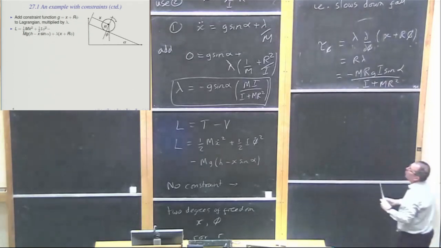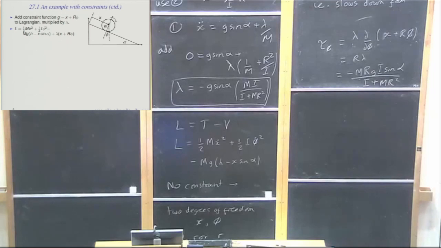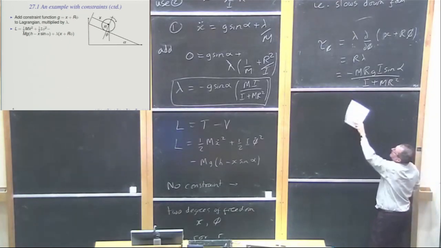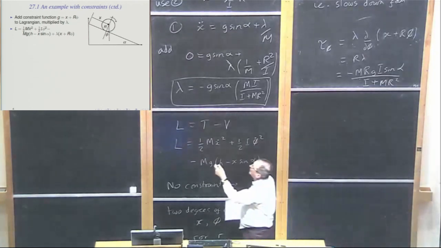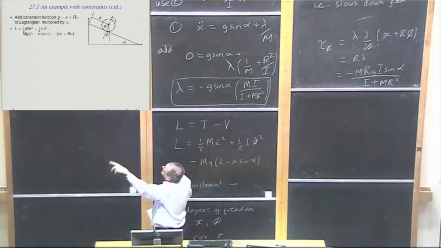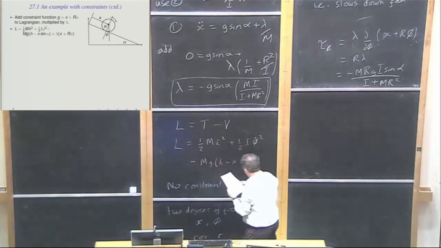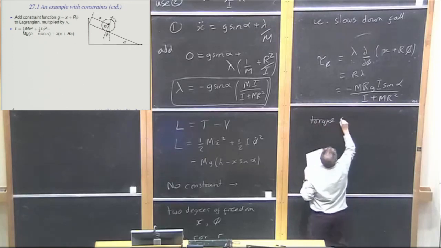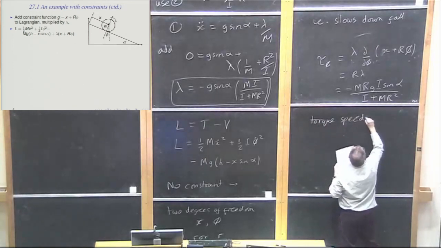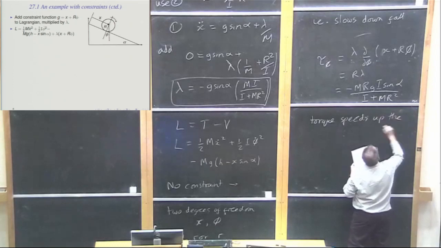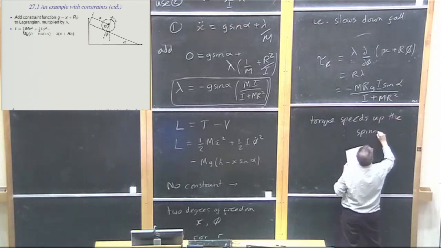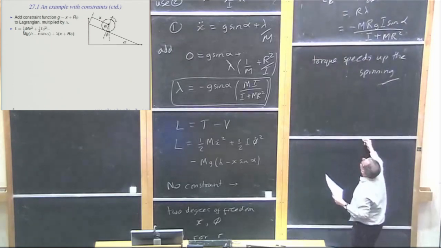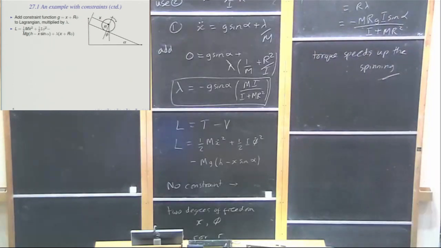This is the torque which the friction applies on the ball, and here the minus sign is such that that corresponds to increasing the spin down the slope. So in this case, this torque speeds up the spinning. So we have learnt quite a lot about the system from this Lagrangian multipliers method.